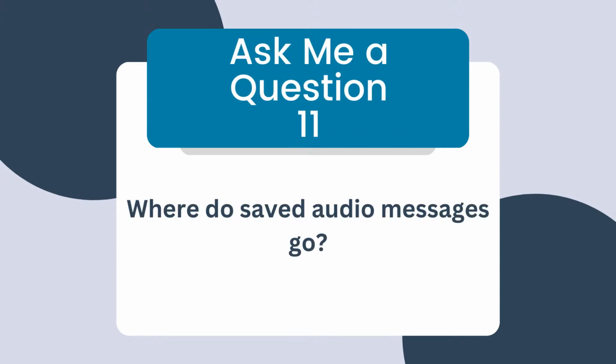Where do saved audio messages go? So if you're familiar with audio messages, and maybe you aren't, but if I come into the messaging app, this is an audio message that you can see there.